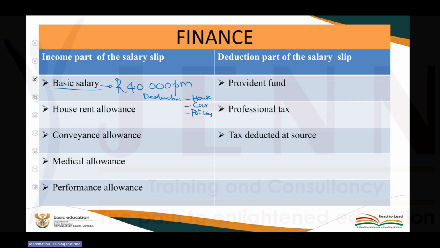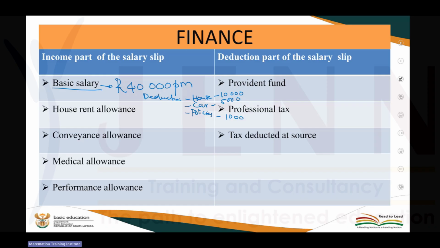He's paying 10,000 for a house, 5,000 for a car, the policies, 1,000 and 1,000. Just making an example. How much all in all? So it's 10,000, 15,000, 16,000.